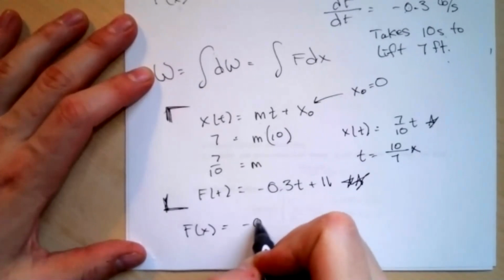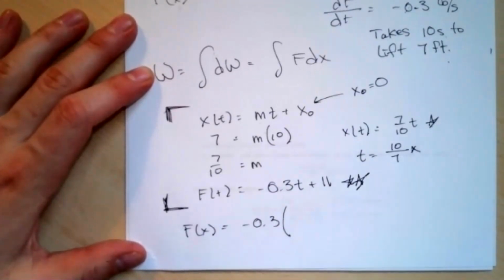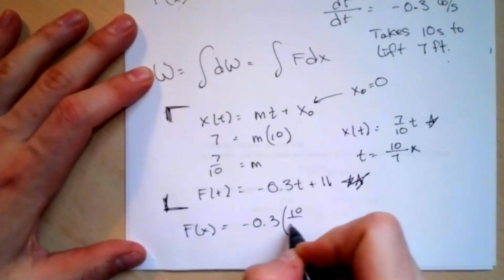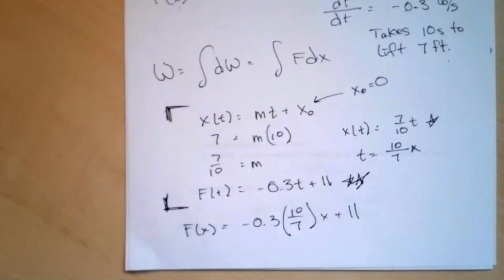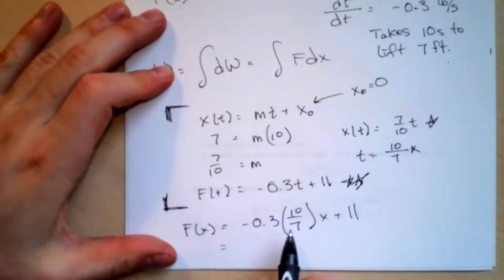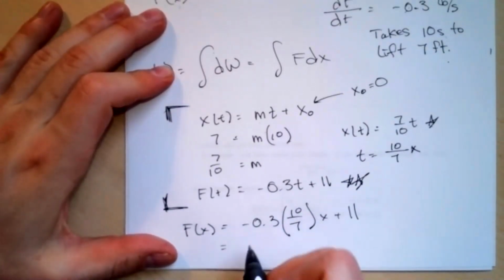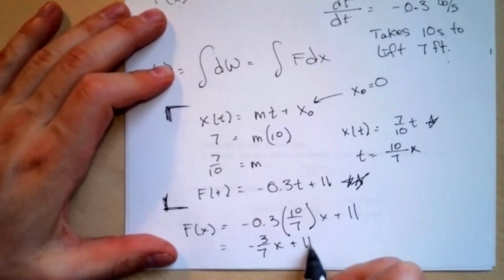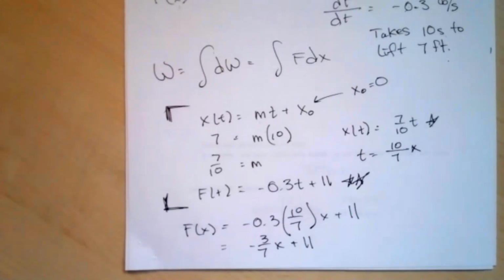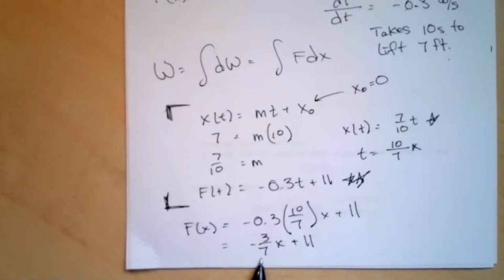It's going to be minus 0.3 times 10 over 7 x plus 11. So that's going to be minus 3/10 times 10/7, so minus 3/7 x plus 11. In other words, every foot we increase, we're losing 3/7 of a pound.